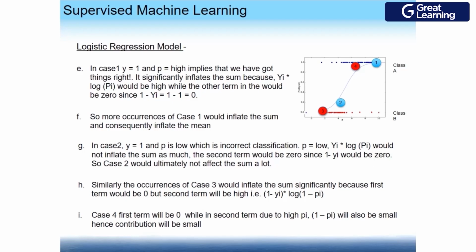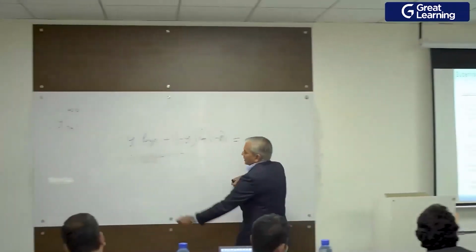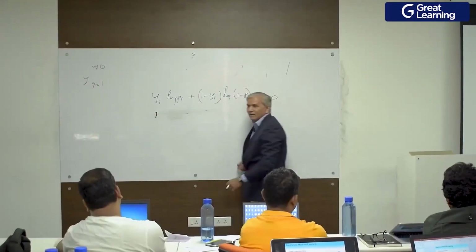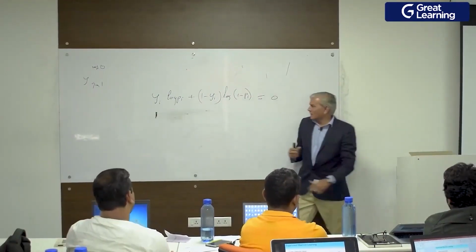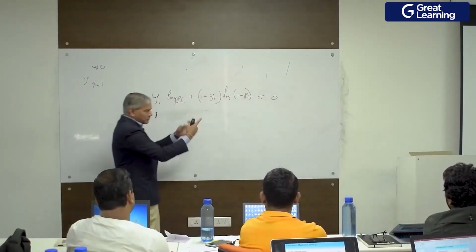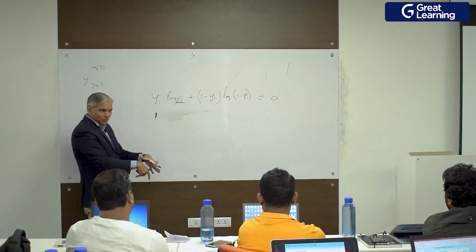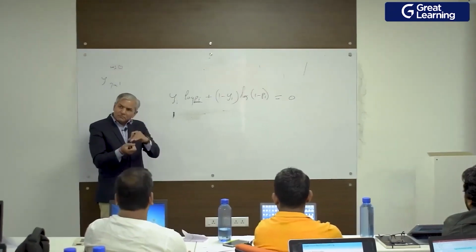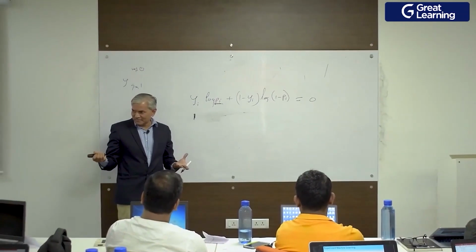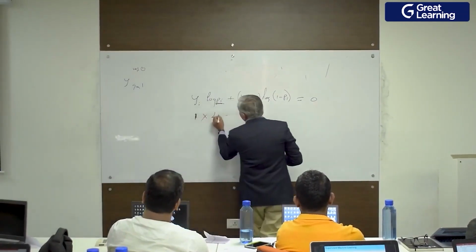So let's see what the equation says. He is blue, value is 1. The model is saying probability is very low that he belongs to blue class. Log of a very small number is a very large number. So this is 1 into a large number.